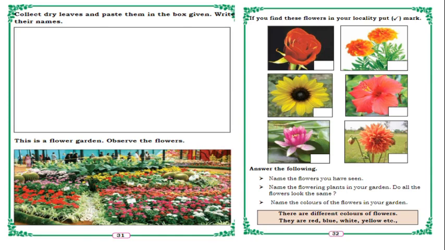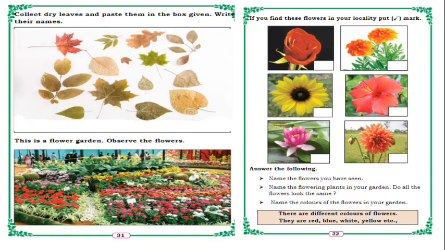Down here, this is a flower garden. Observe the flowers. In the garden we can see many types of flowers, children, isn't it? Yes, and with different colors. On the next page, if you find these flowers in your locality, put a right mark. If you have seen these flowers in your locality, meaning nearby your house, you have to put a right mark.